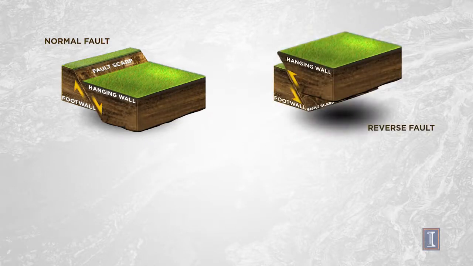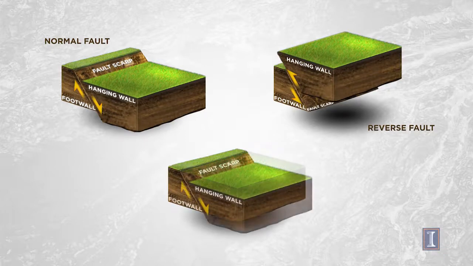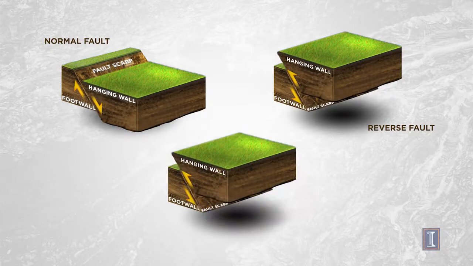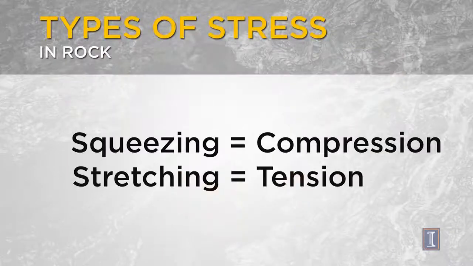Now, if you look at what's happening to this block as it goes from this configuration originally to this configuration or to this configuration, the change in length of this block of rock is different. Geologists refer to squeezing as compression and stretching as tension.